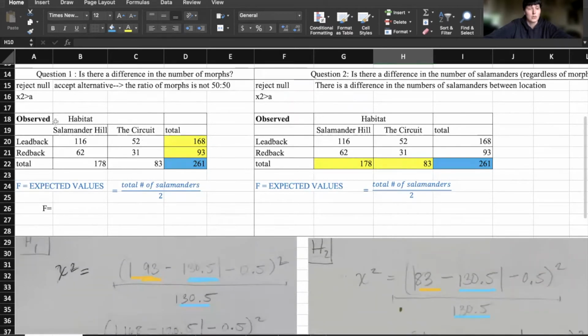So when you get your data, you're going to have your observed values already listed for you, and all you want to do is calculate the totals. You can easily do that by hitting the sum function up here.